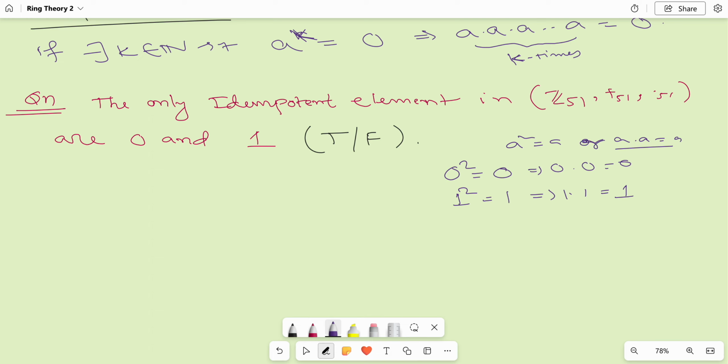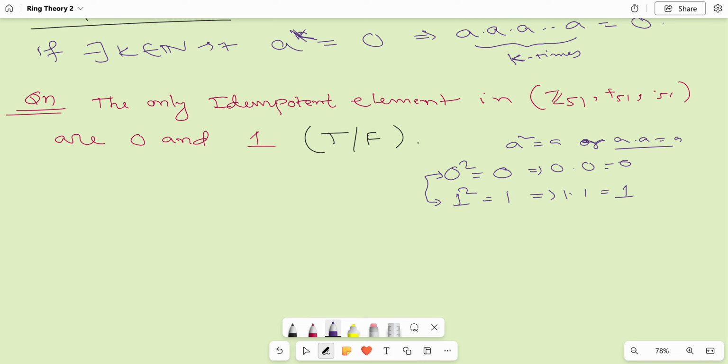The only elements in Z51 claimed are 0 and 1. 0 and 1 are obvious because they satisfy 0 square equals 0 and 1 square equals 1. But the question asks whether it is true that only 0 and 1 are the idempotent elements.